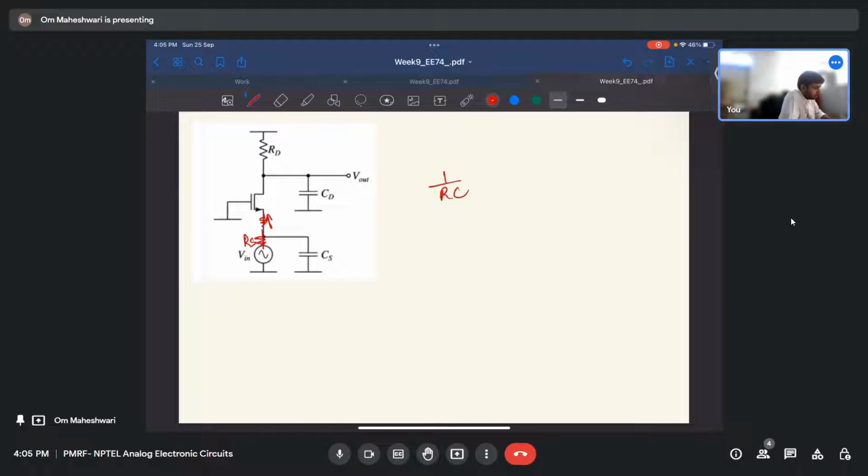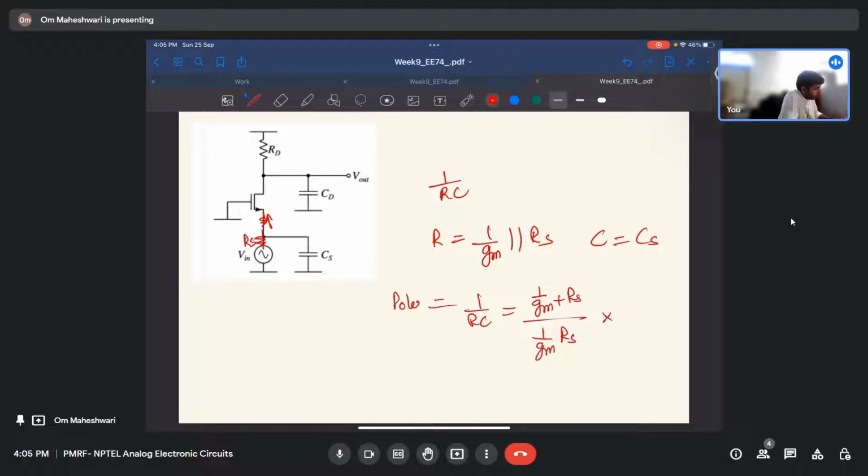So R will be 1 by GM parallel RS, and C is CS. So simply pole is 1 by RC equals 1 by GM plus RS by 1 by GM RS into 1 by CS.